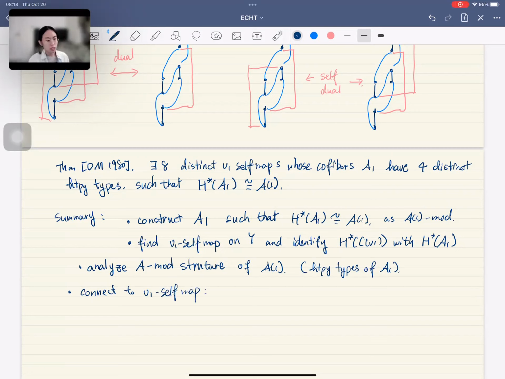So yeah, I think I should put down which V1 self-map cofiber is a realization of which A module structure, or let's say, given an A module structure, it is realized by which V1 self-map's cofiber.